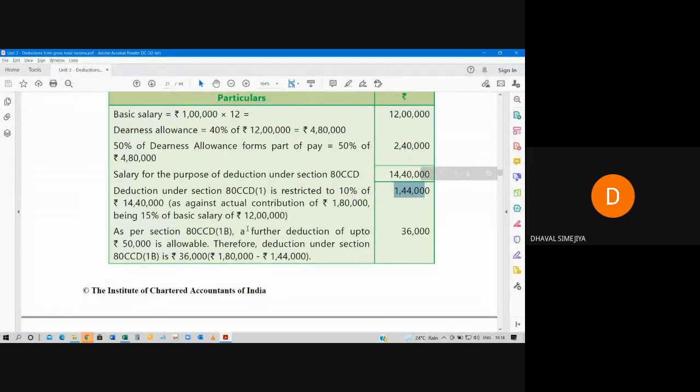Similarly, further deduction. Extra deduction will be available under section 80CCD subsection 1B. What is it? 36,000 rupees.